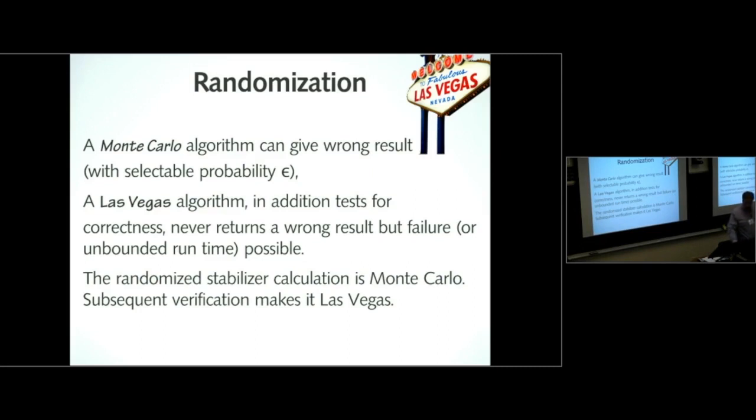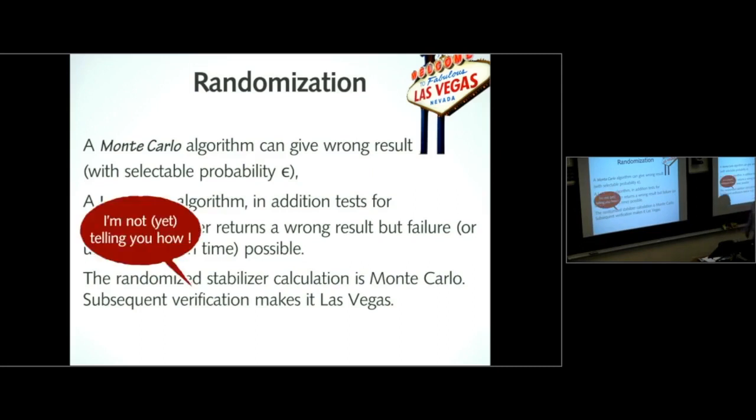And that's what we want to use and what we are using. So there is a randomized stabilizer calculation, and there is a subsequent verification. I'm not yet telling you how the verification works, but there is a tool which allows us to just use some Schreier generators, do verification, and thereby we end up with Las Vegas algorithms. Right, so what have we done so far?